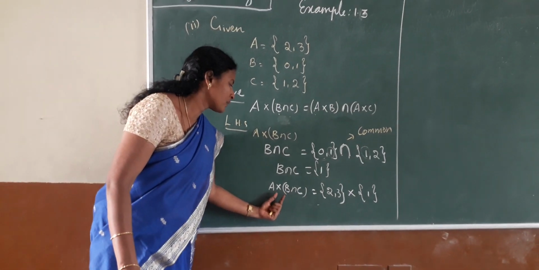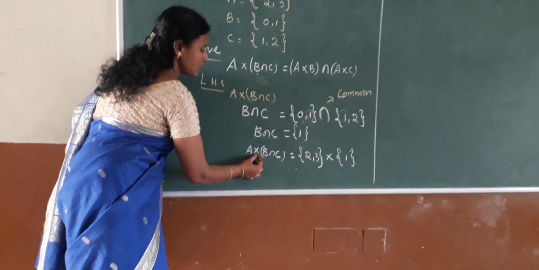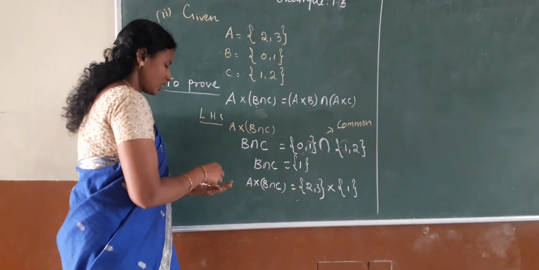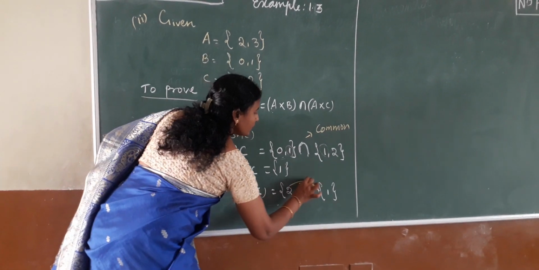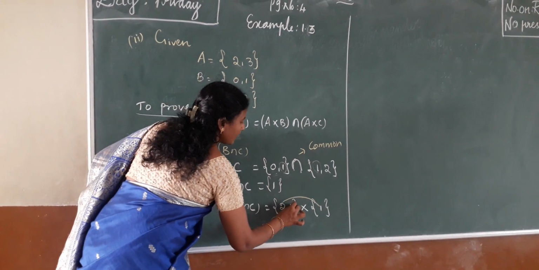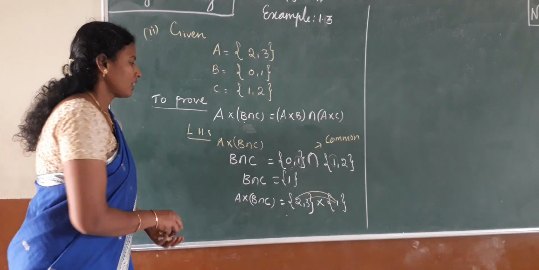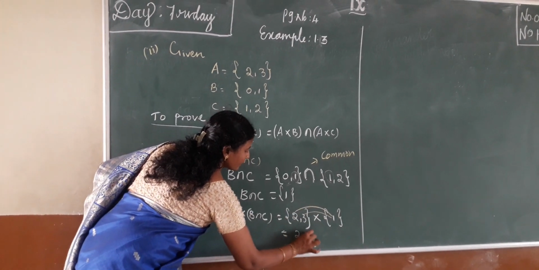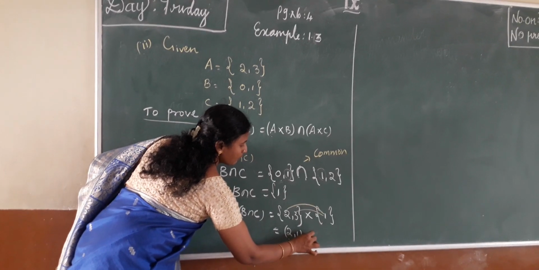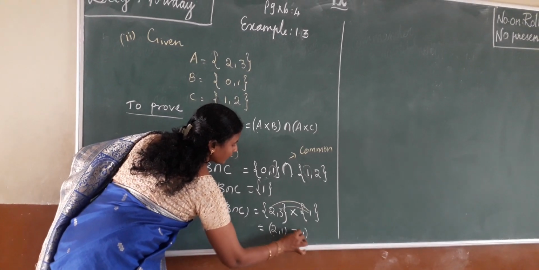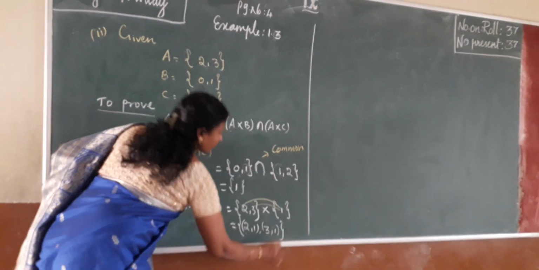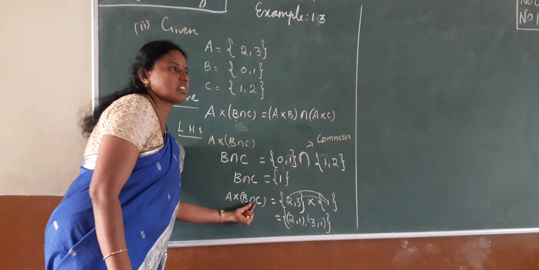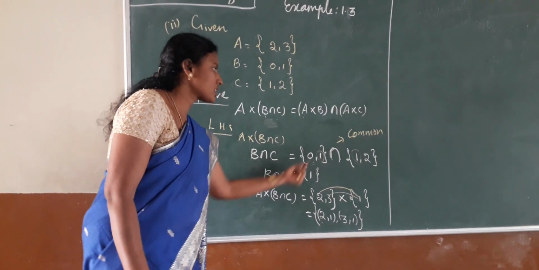In this property, see the operation. This operation is cross. Cross means you take the ordered pairs. How to take the ordered pairs? You take (2, 1) and (3, 1). This is the ordered pair: 2 comma 1, then 3 comma 1, and put the brackets for starting and ending. Clear here? Intersection is one of the operations. Intersection means common.